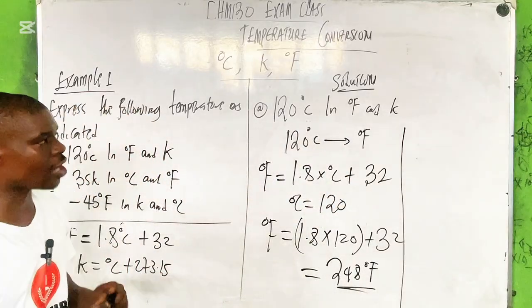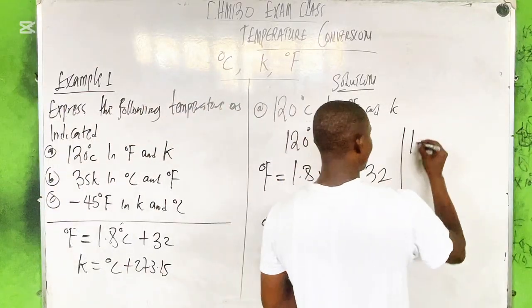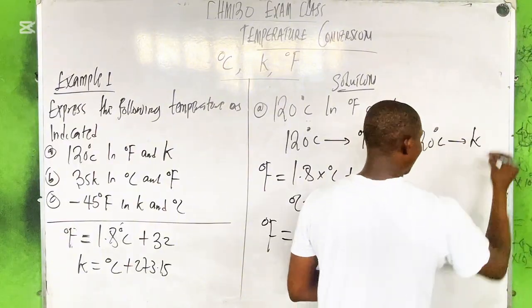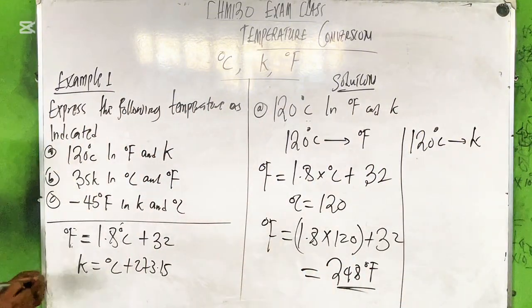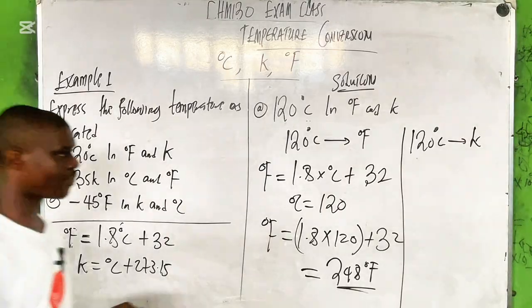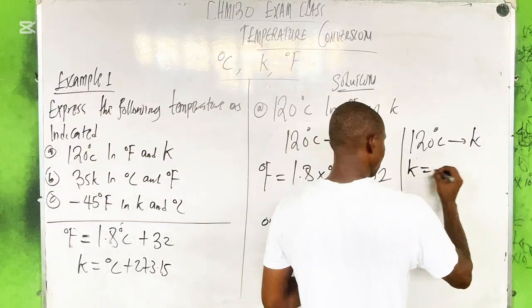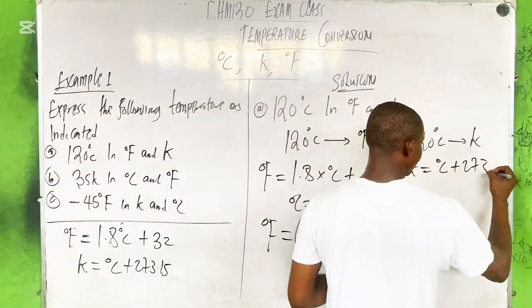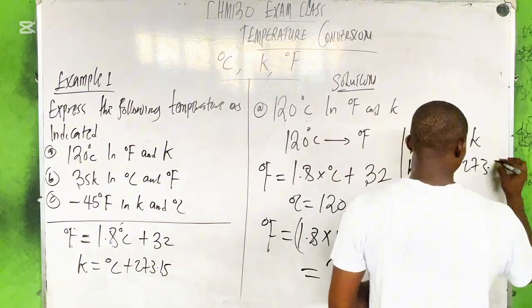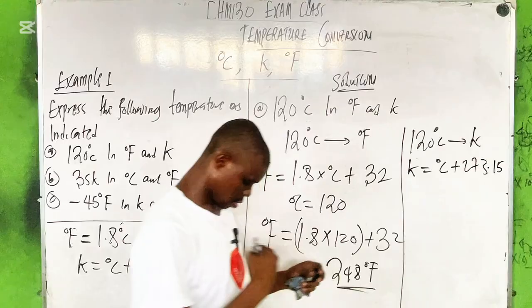Now you're also converting 120 degrees centigrade to Kelvin, right? Which formula are you going to use? The second one, right? So K equals the temperature plus 273.15.